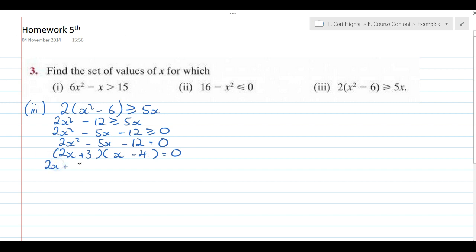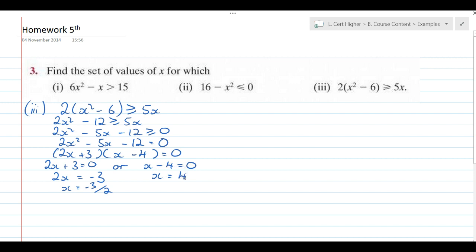Allowing these factors both equal 0, I have 2x plus 3 equals 0 or x minus 4 equals 0. 2x plus 3 equals 0 gives me 2x equals negative 3, x equals negative 3 over 2. And x minus 4 equals 0, therefore x equals 4.